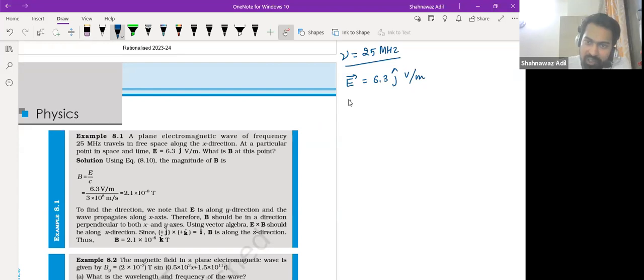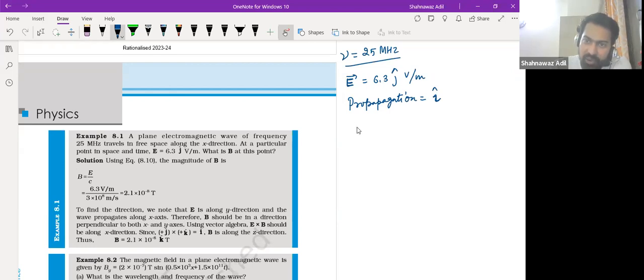So what is the direction of propagation? Yes, Aisha. What is the direction of propagation? X direction. So what is the x direction? I hat, right? So I hat is the direction of propagation, and electric field is given.